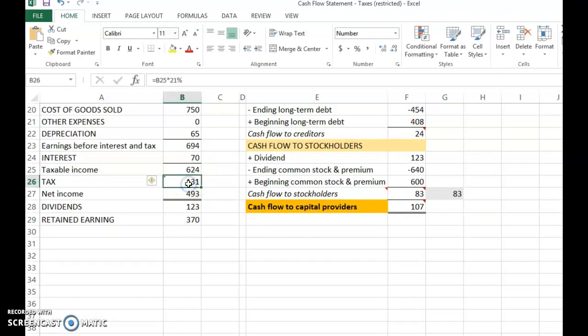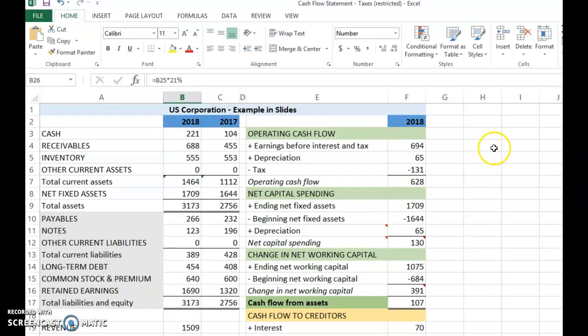Remember the equation, it is always earnings before interest and tax plus depreciation minus tax. So the operating cash flow, or OCF, is 694 plus 65 minus 131. Therefore you get 628. That is the operating cash flow.